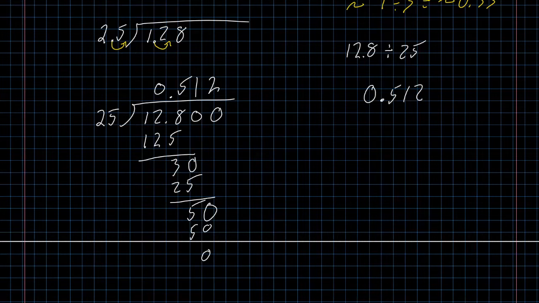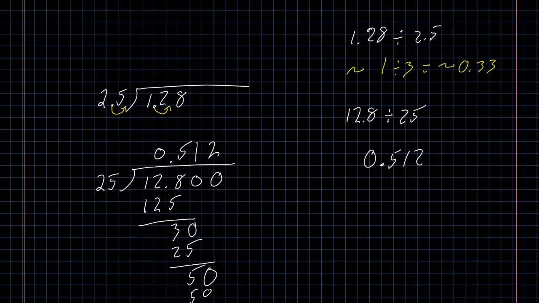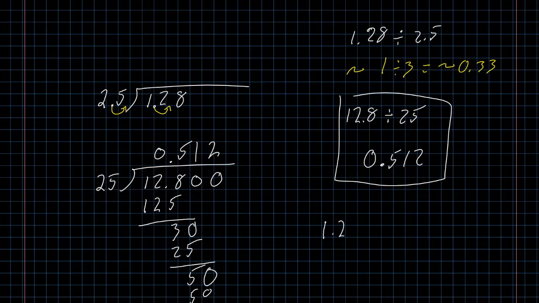All right, so 12.8 divided by 25 is 0.512, which is not the same as the 0.33 we got when we estimated, but it's pretty close. And because 12.8 divided by 25 is 0.512, that means that 1.28 divided by 2.5 is also 0.512.